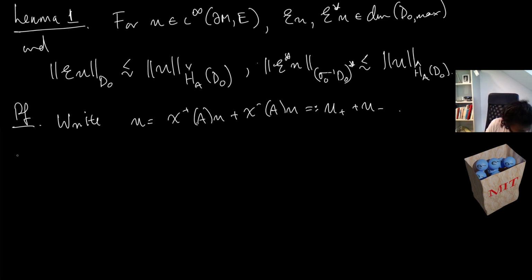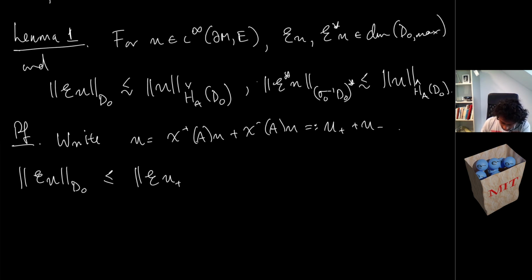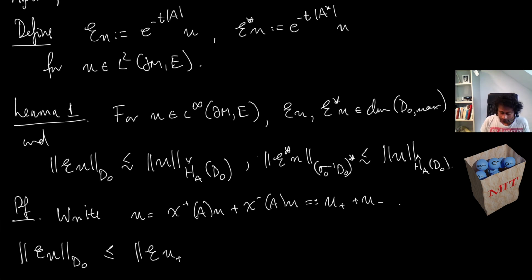So let's have a look at this first estimate. So this first estimate is e of u d naught. And what is that? This is now going to be bounded by e of u. So this is linearity of the semigroup. Here I should say that we have to keep in mind that the functional calculus now commutes.